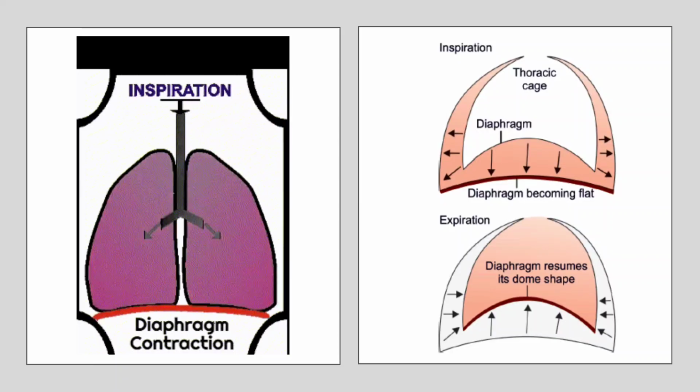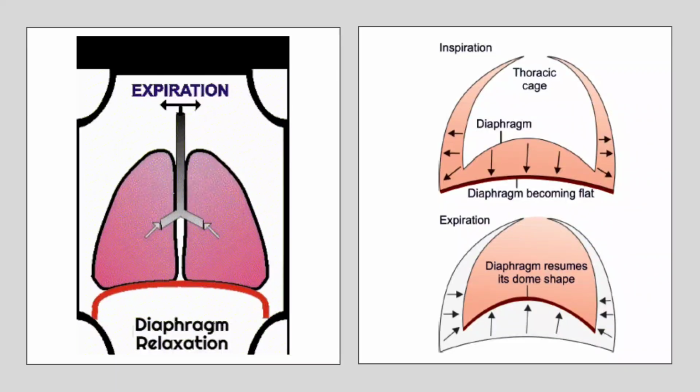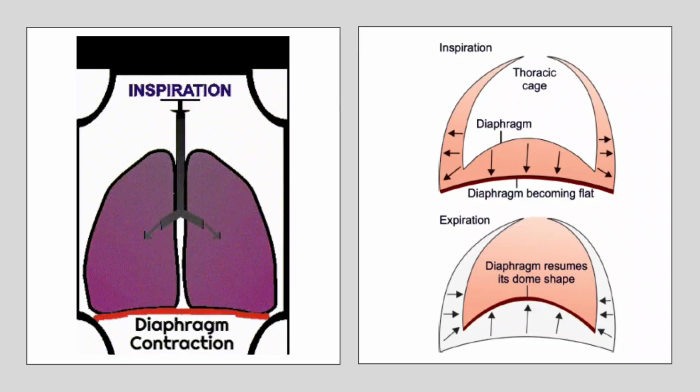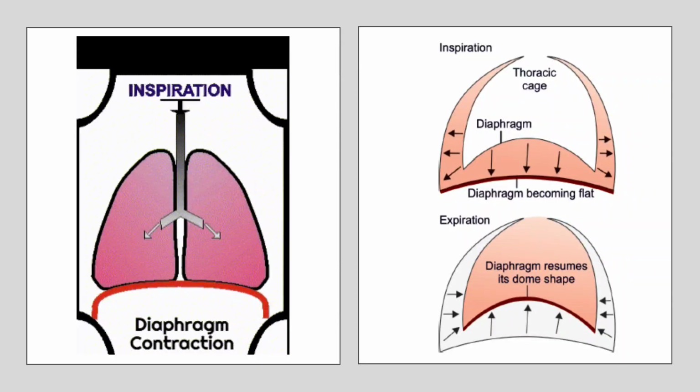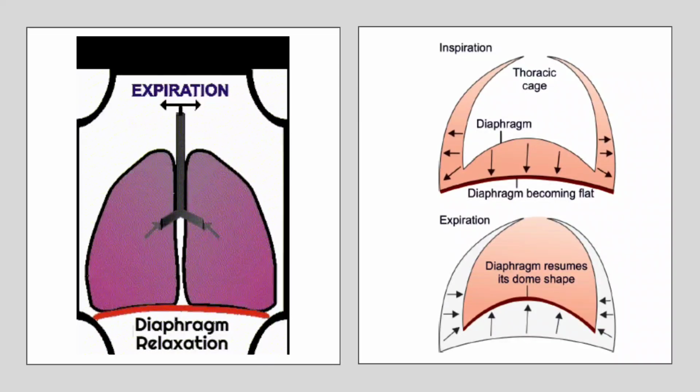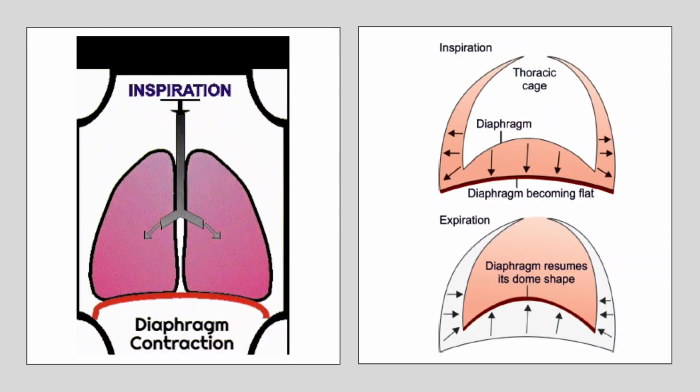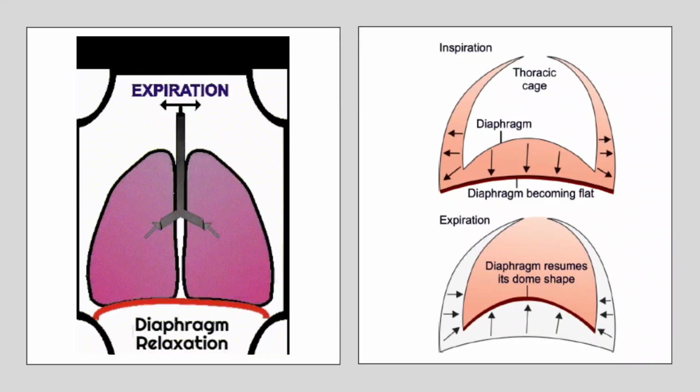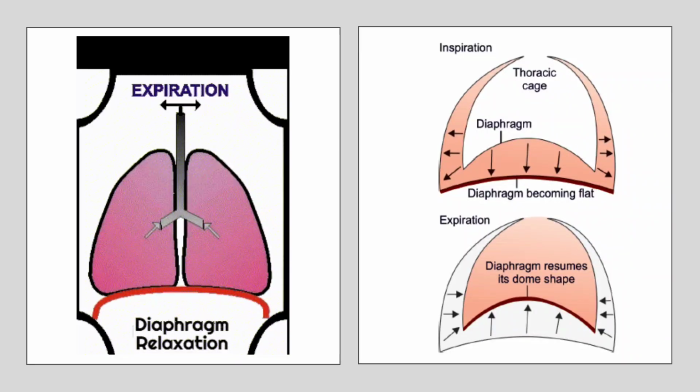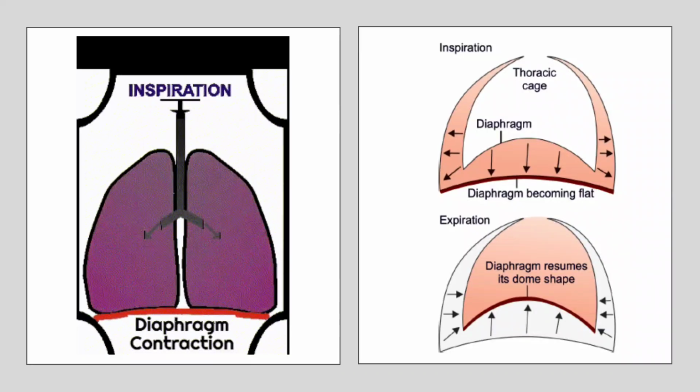So what is the function of the diaphragm? When it contracts, the vertical diameter of the thoracic cage increases. In addition, contraction of the diaphragm also pushes the rib cage outward, which enlarges the thoracic cavity in its anteroposterior diameter.